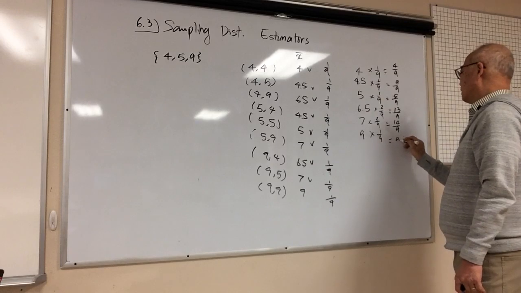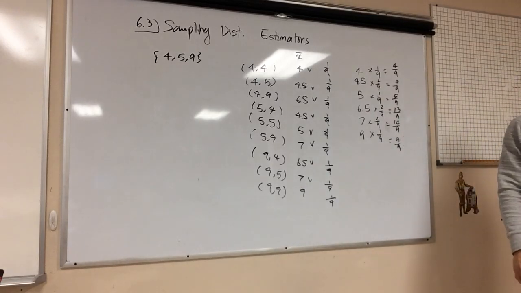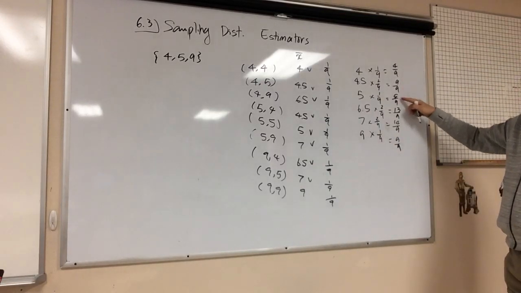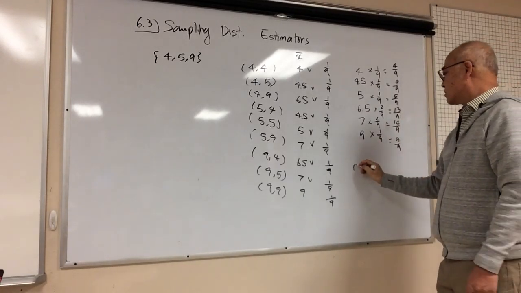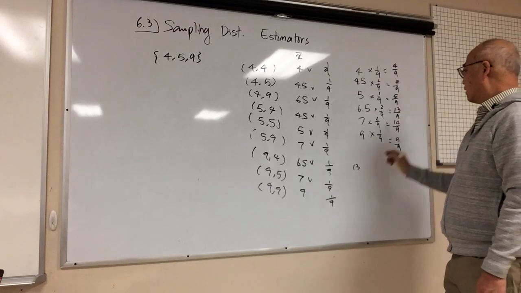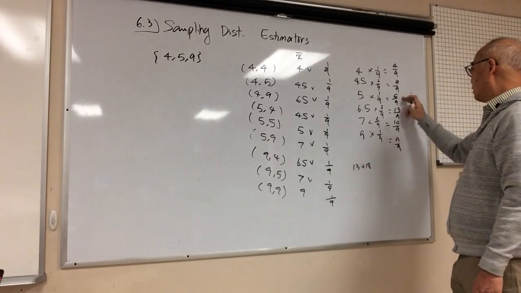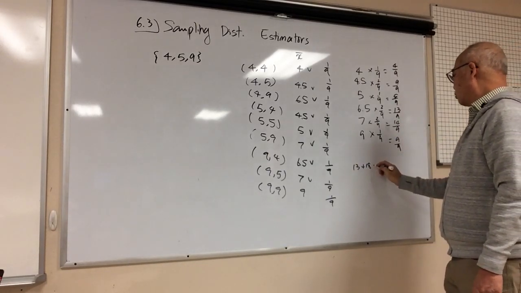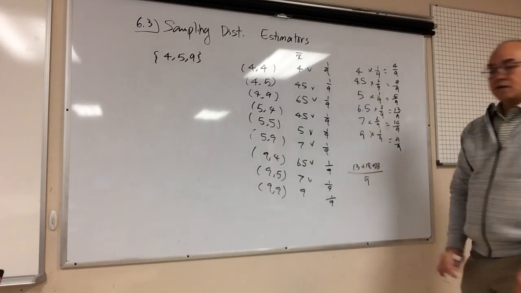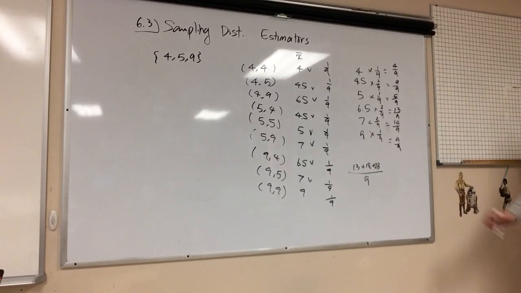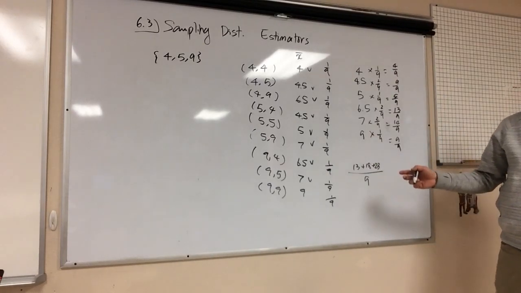14/9, right? So if I add these all together, the tops, I'm going to get 4 plus 9 is 13, 18, 23, right? I'm just trying to add these together without using my calculator.